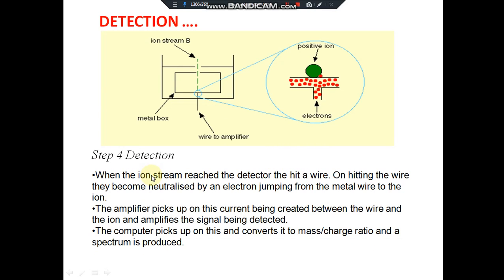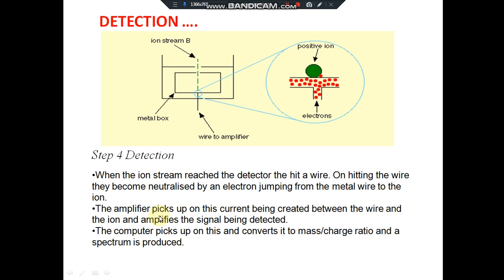The next stage is detection. When the ion stream reaches the detector, they hit a wire. On hitting the wire, they become neutralized by an electron jumping from the metal wire to the ion, so that the positive ion is neutralized.